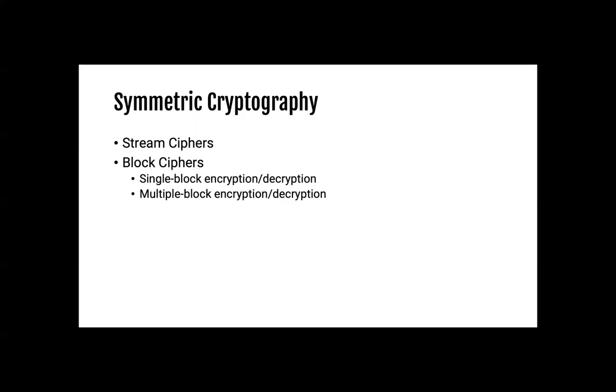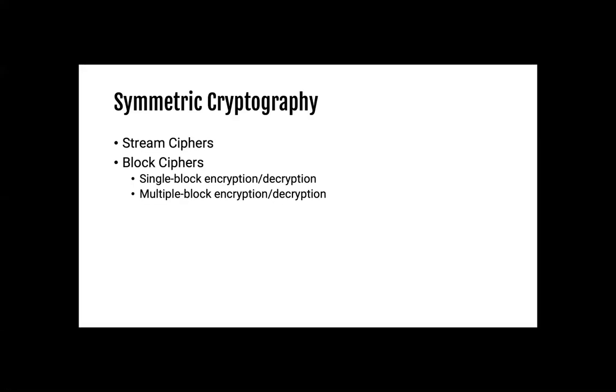And usually when we talk about block ciphers, we want to discuss two questions. One is, if we only have one single block of cipher text or one single block of plain text, then how are we going to encrypt or decrypt it? And next, a more practical scenario, which is a message composed of multiple blocks: how are we going to use block ciphers to encrypt or decrypt those blocks?